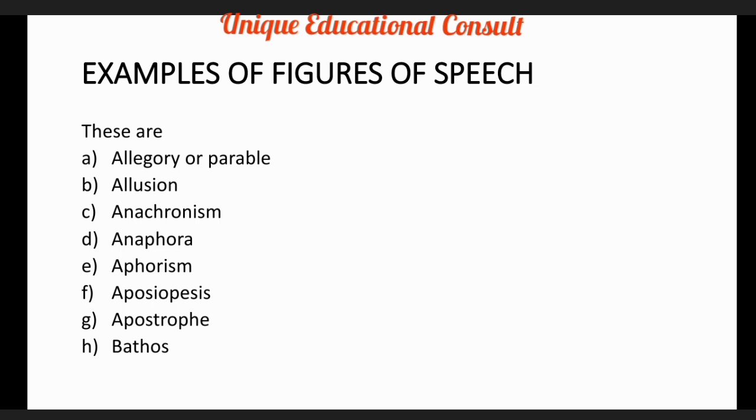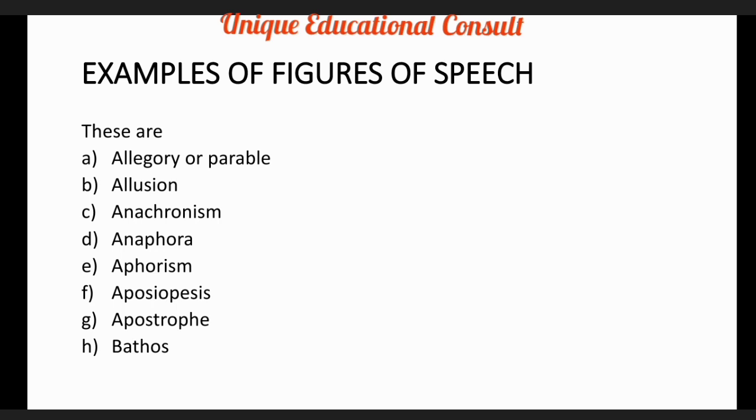This is a speech figure where a story contains a lot of personifications of human activities, usually performed by animals or inanimate objects. So, allegory is usually used in the writing of prose form.